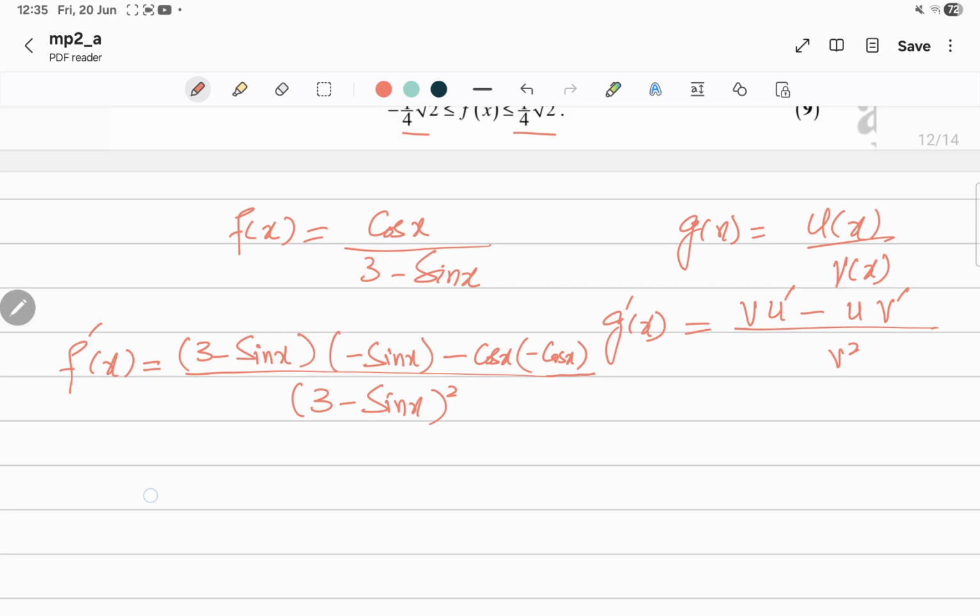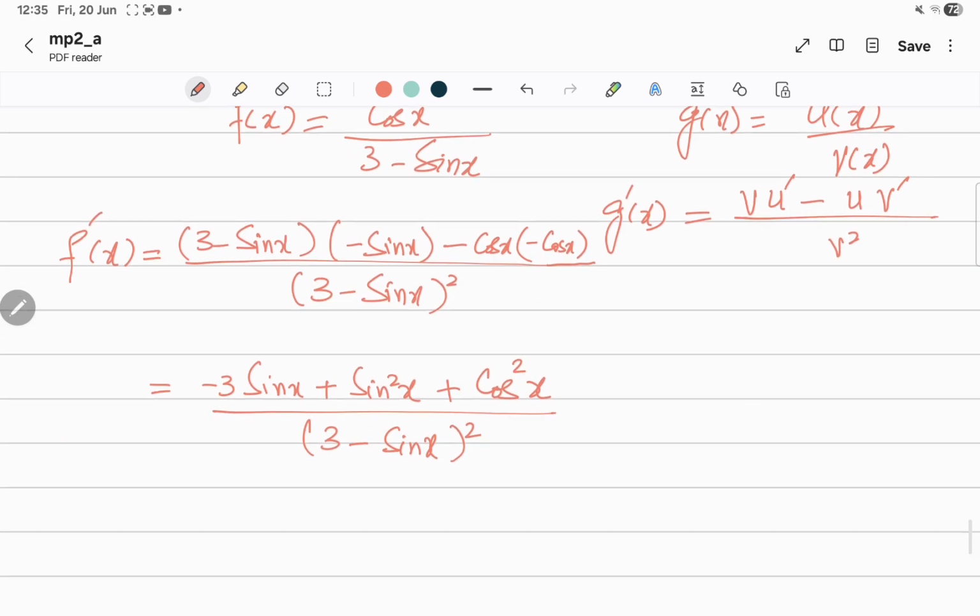Now if you do the term by term multiplication, it will be minus 3 sin x plus sine square x, and plus cos square x, over 3 minus sin x whole square.